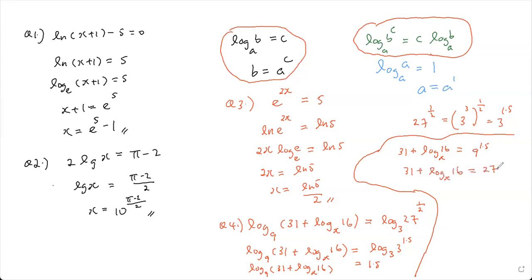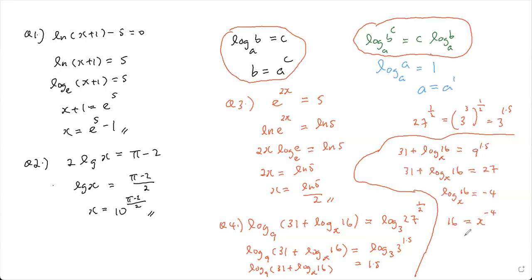So this is 27, and log base x of 16 is 27 minus 31, which is -4. Then applying the rule again, 16 is equal to x to the power of -4.